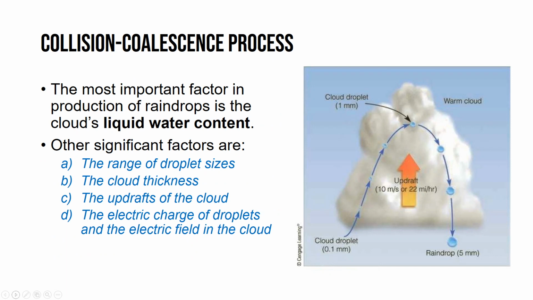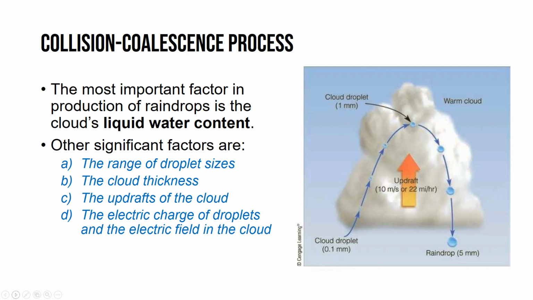Talking about cloud thickness and updrafts of clouds, there is a contrast between cumulus clouds and stratus clouds. With cumulus having a large thickness and stratus being just flattened layers of clouds, we can say that cumulus can produce large rain droplets because this can be viable for more collisions and coalescence to happen as compared to stratus clouds, which only have thin layers.